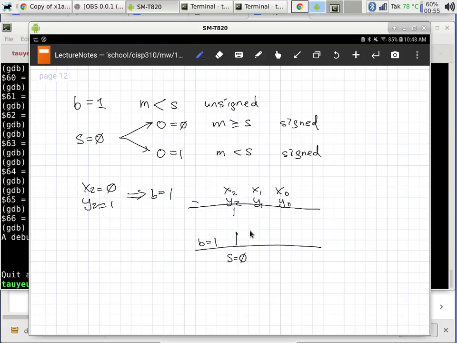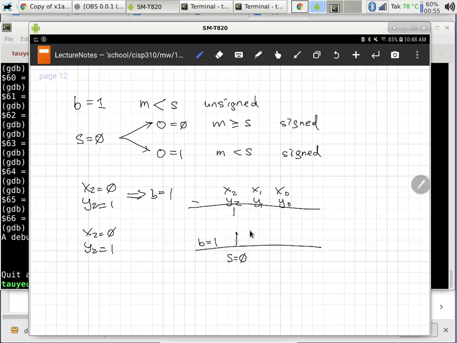So the question is, can I arrange that? What if I make x1 0 and y1 1? Okay, that would also generate a borrow over here. So let's see if that works. x2 is 0, y2 is 1.